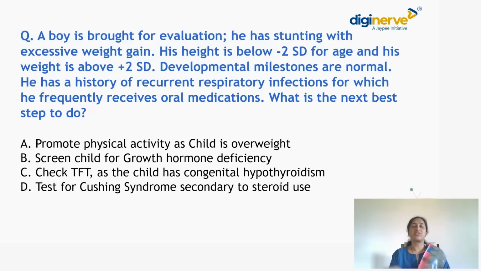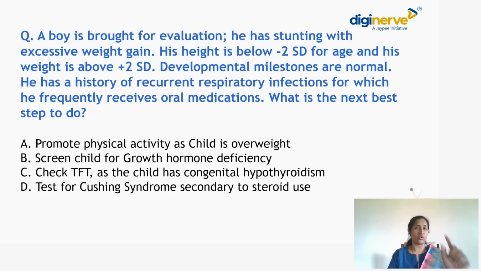This is because the oral steroid works very well to open up the airways and to reduce the inflammation. I have seen numerous prescriptions where oral steroids are given regularly, almost on a monthly basis, to many children who have recurrent respiratory tract infections. So, this child has also got recurrent oral steroids, which is why it is mentioned significantly in the history. Those oral steroids can contribute to Cushing syndrome and make the child obese.